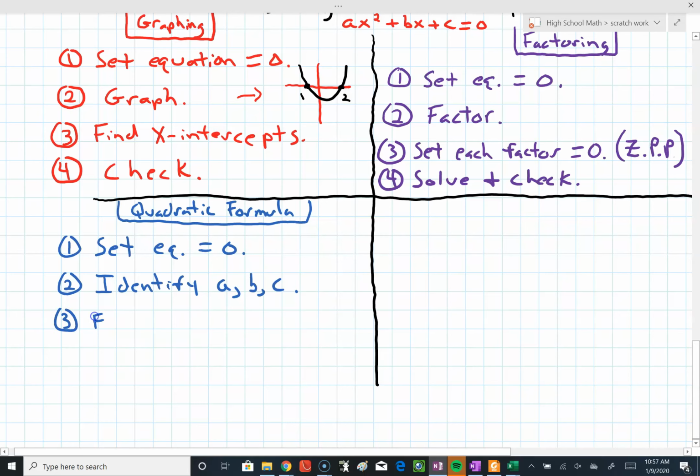Next, we will evaluate and interpret the discriminant.